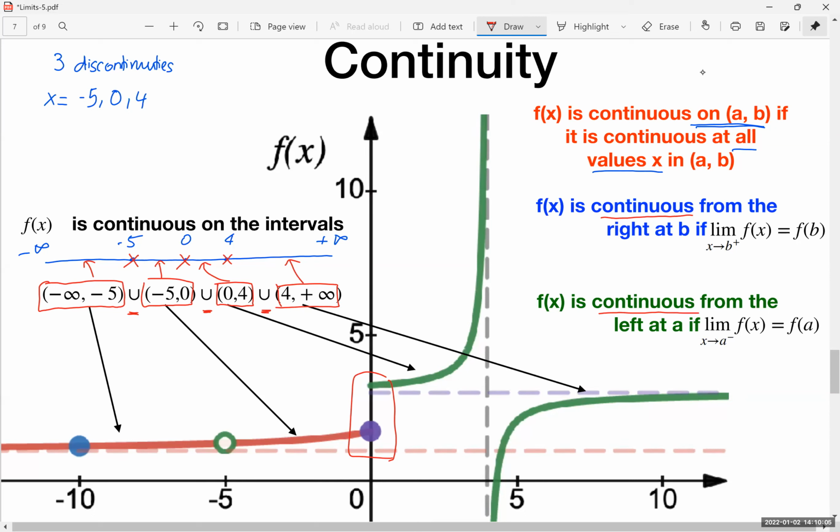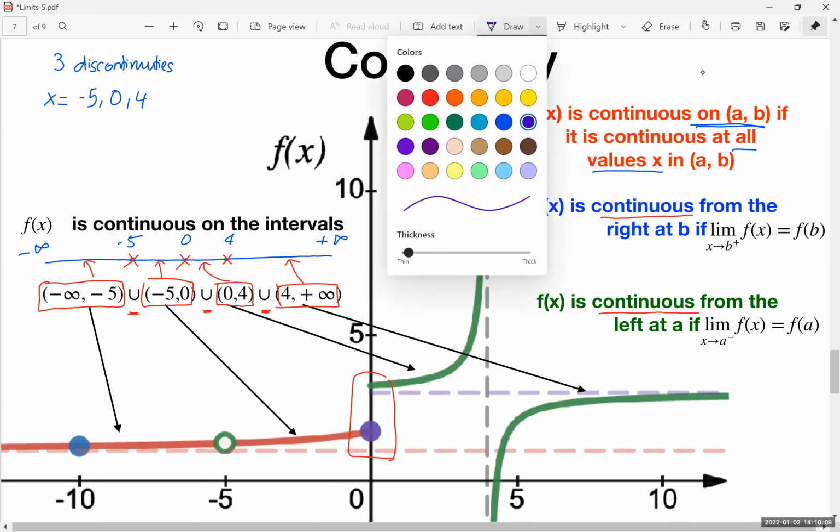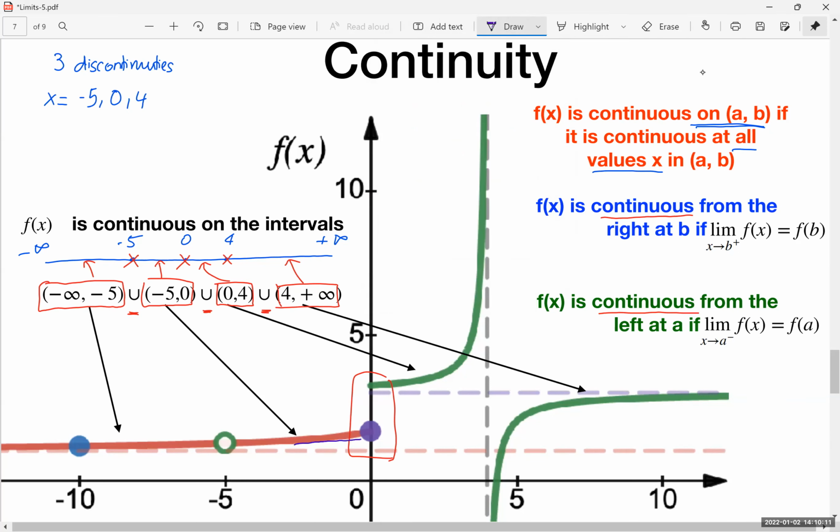However, if you look at 0 from the left, the limit of f of x when x goes to 0 from the left is the same as the function value when x equals 0. So we say the limit of f of x when x goes to 0 from the left equals f of 0.